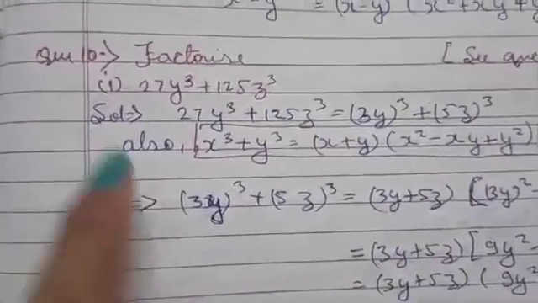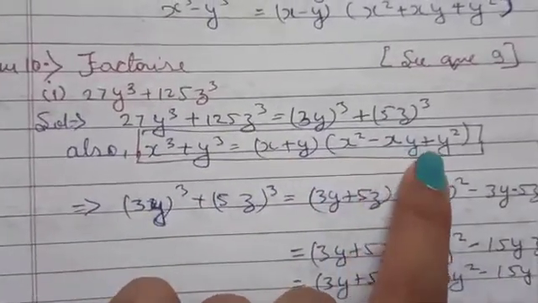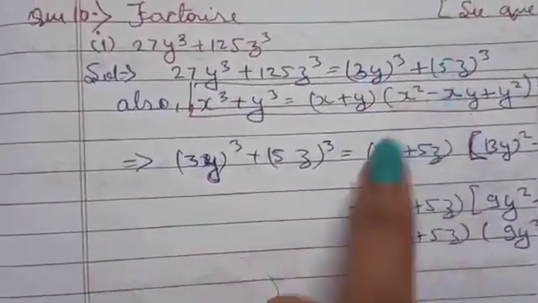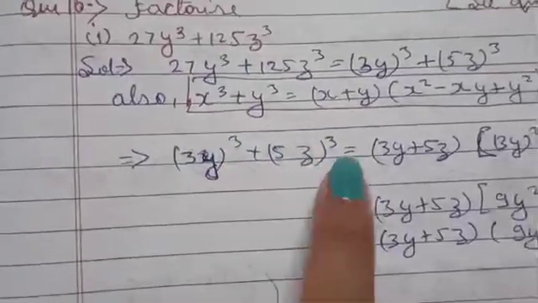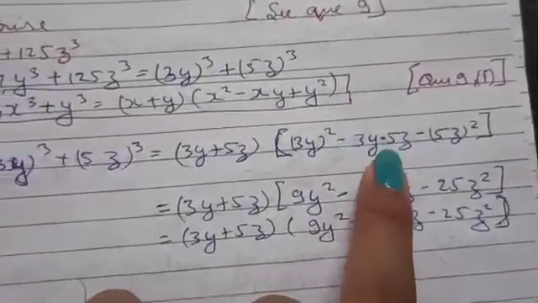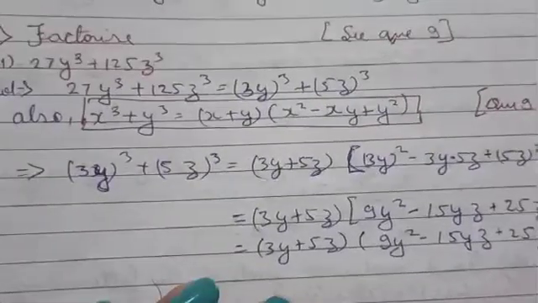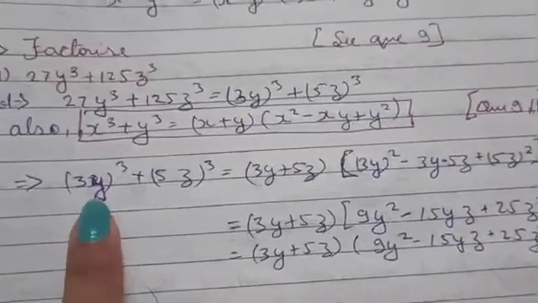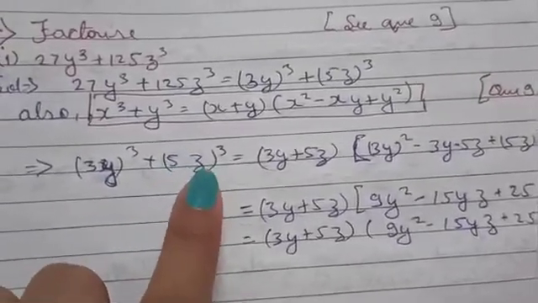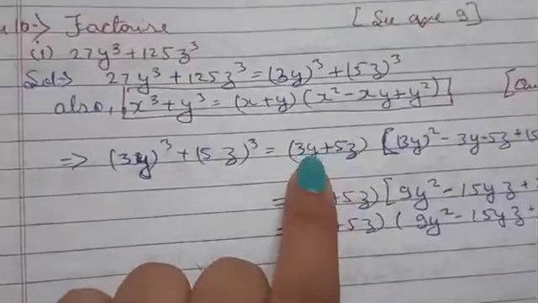And we know the identity x cube plus y cube is equals to x plus y, x square minus xy plus y square. Now x cube is 3y whole cube, y cube is 5z whole cube, equals 3y plus 5z as x plus y.